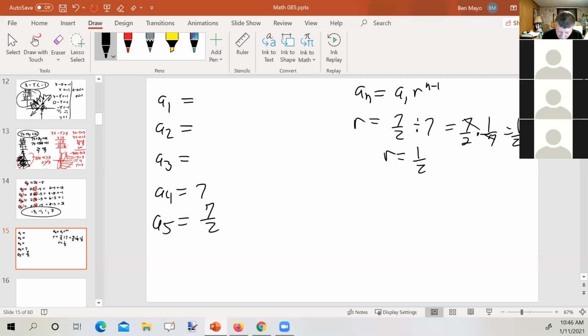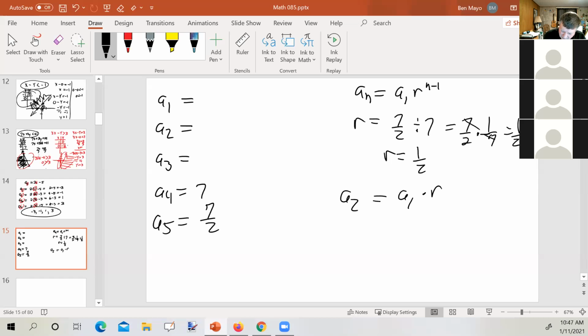All right. So we know what r is. r is 1/2. Well, we're usually used to having a sub 1 and then moving forward to a sub 2, a sub 3, etc. But now we're actually moving backwards. a sub 2 equals a sub 1 times r, right?